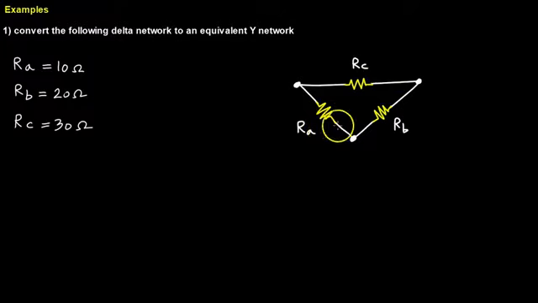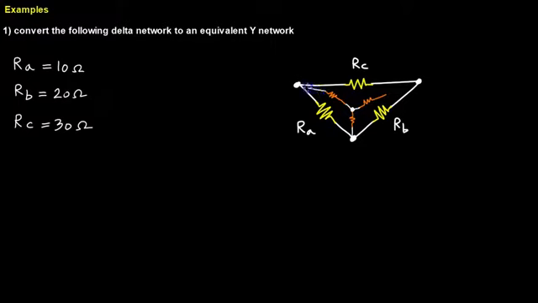Now I have scrambled the namings of RA, RB, and RC because it shouldn't really matter where they are. What really matters is how we orient these resistors relative to our Y network's resistors. So let me superimpose the Y network onto our delta network, in a more visible color, and we're going to go from there.